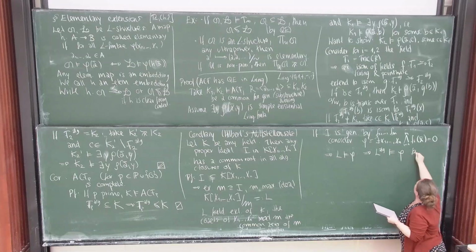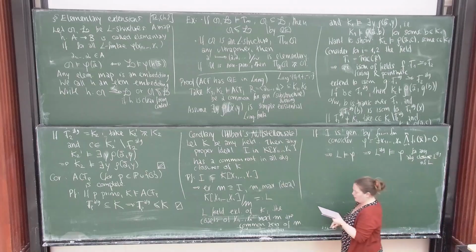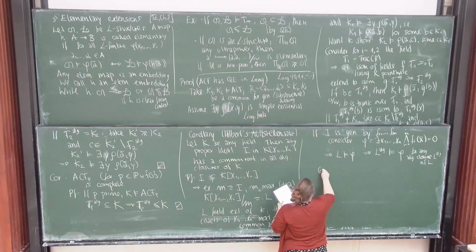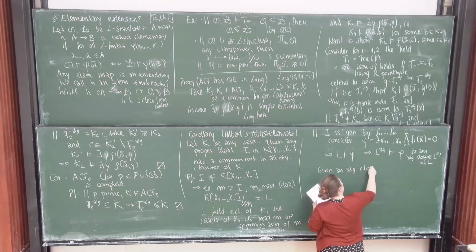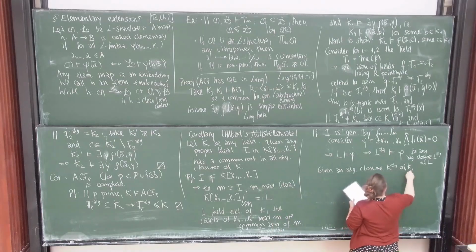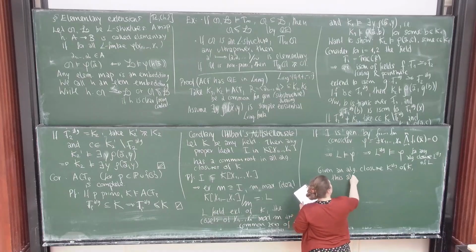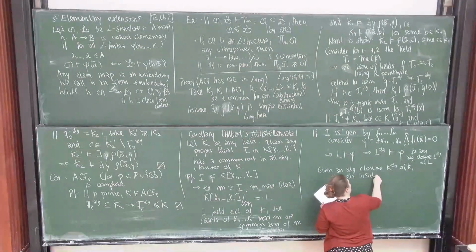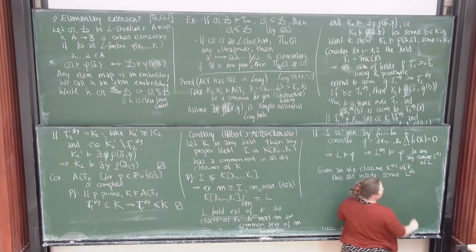So for any algebraic closure L alg of L. But then, given an algebraic closure K alg of K, this sits inside some algebraic closure of L.